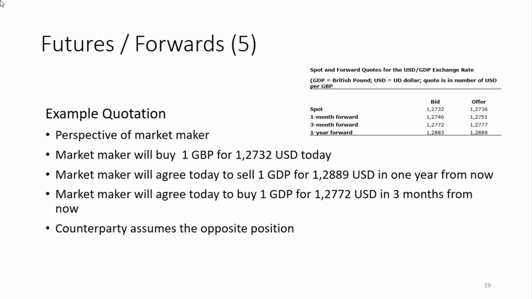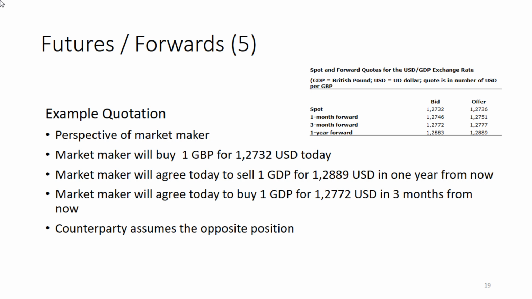You could also decide that you want to buy or sell British pounds at a later moment in time. Again, the table is from the perspective of the market maker, and for example, the market maker will agree today, because that's what the futures or forward contract does, to sell 1 British pound in 1 year from now for $1.2889 US.